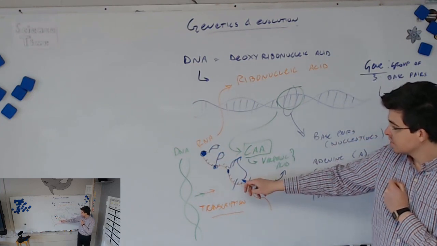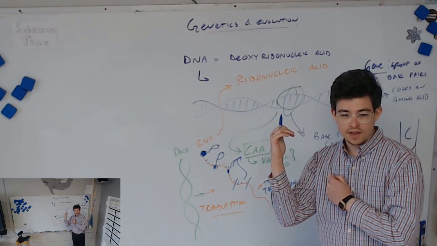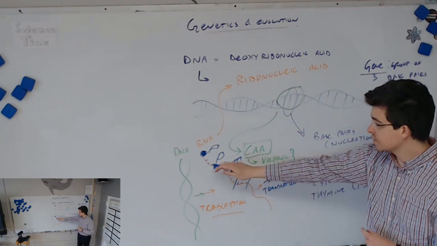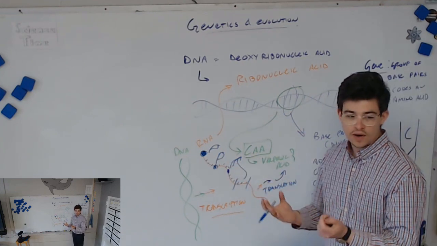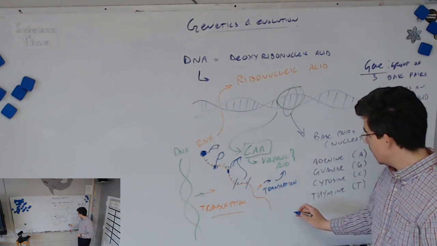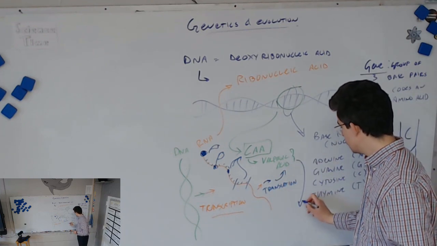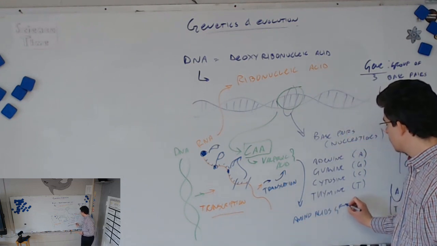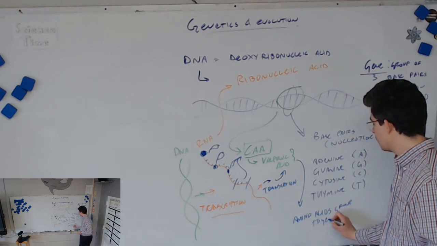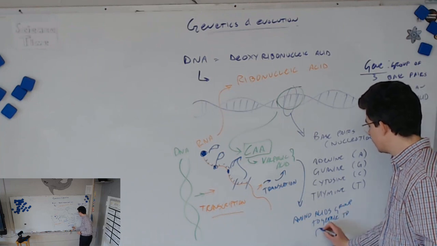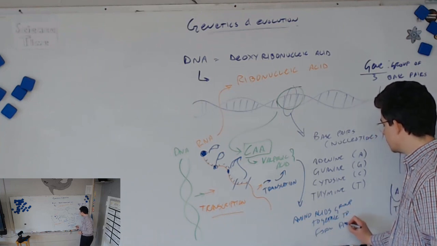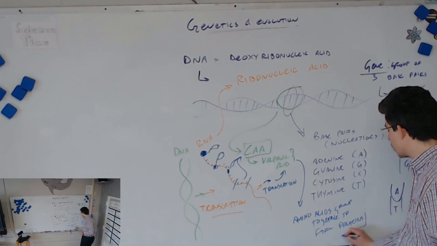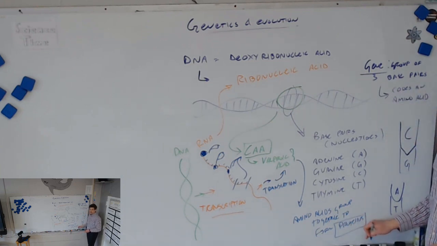So it goes along the genes, and it spits out whatever amino acid that gene coded for. And then because of the order of these, all these amino acids group together, and they form what's called a protein. So the amino acids group together to form proteins.